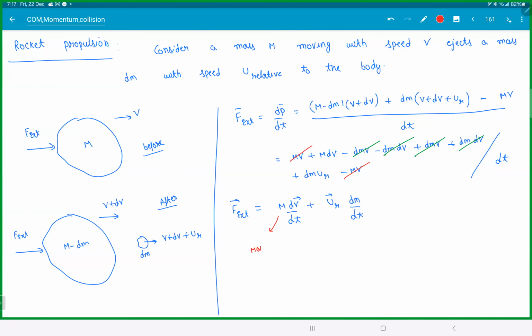This is the mass at time t. This term is your acceleration of the body. This is the relative velocity with respect to the body.